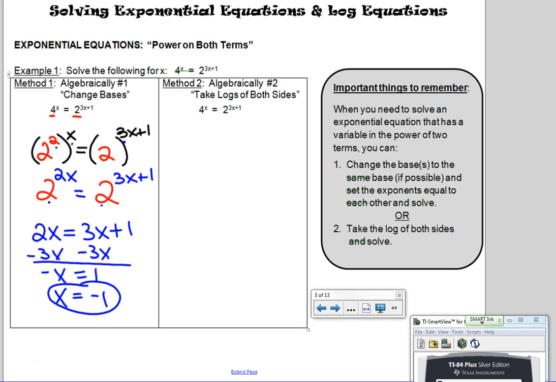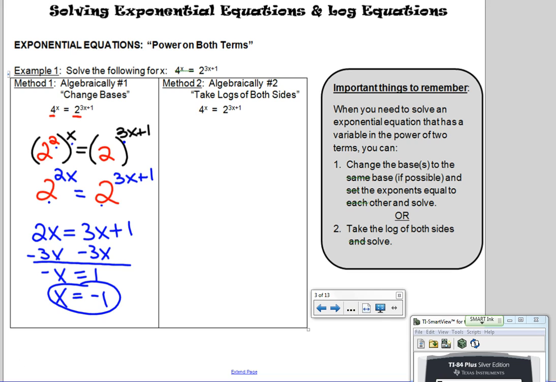All right, we're going to do the exact same problem and show you another algebra technique you can use. Anytime you have exponents, the x in the exponent position, we need to bring those down. And what brings down the exponent is the logs. That's what logs are. Logs are exponents.